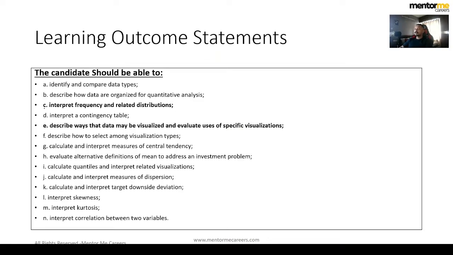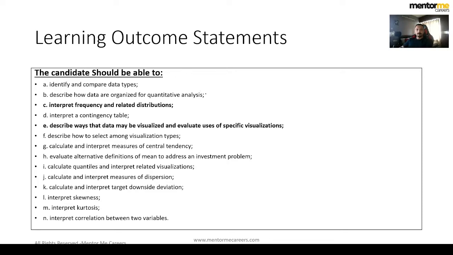So now we are covering two LOSs: interpret frequency and related distributions, and describe ways that data may be visualized, okay, and used for specific visualization. So basically, we are now looking at how do we start analyzing the data and how do we visualize data, okay? So again, it won't be possible unless we actually look at some real data.